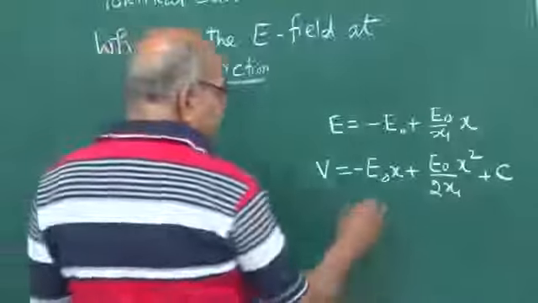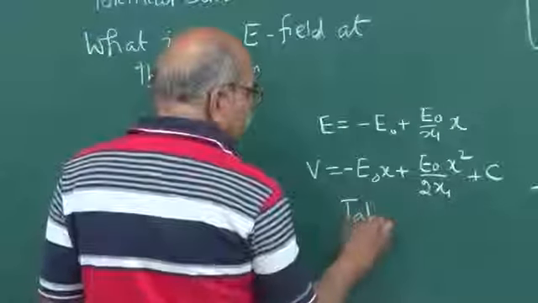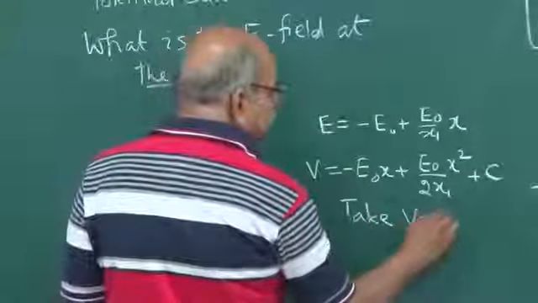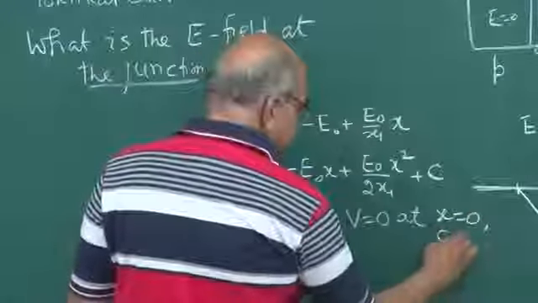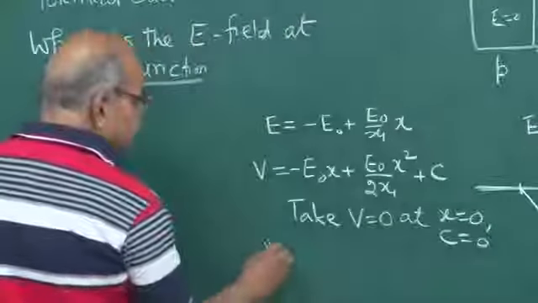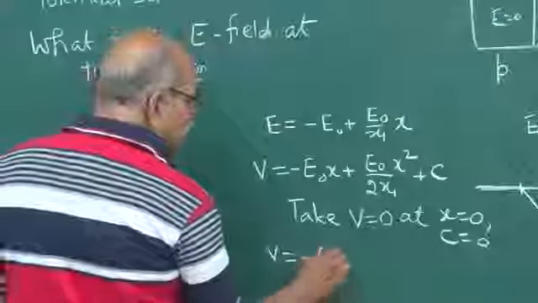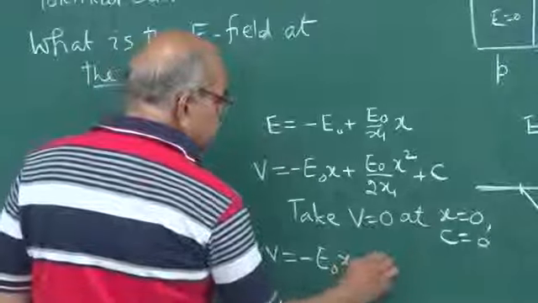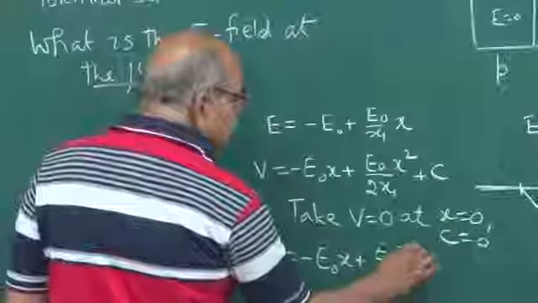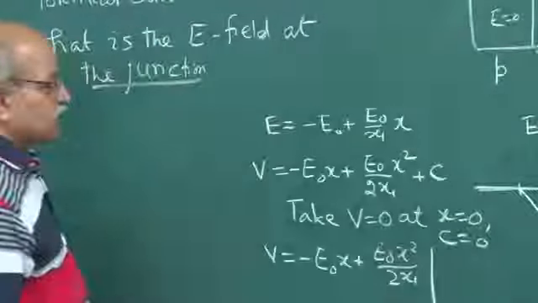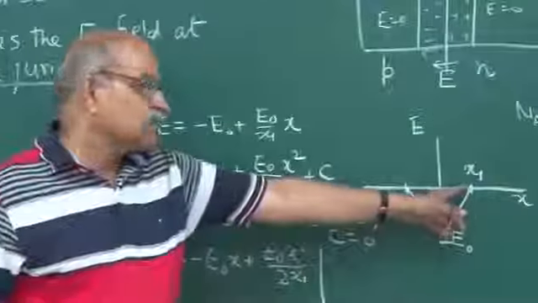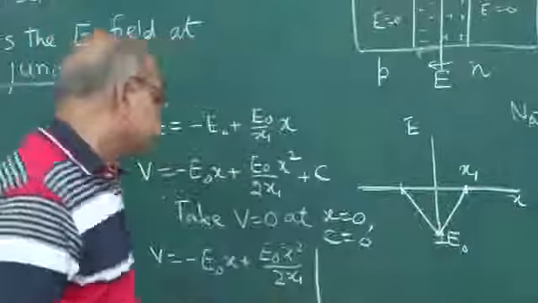And you can take V to be 0 at x equal to 0. This is our choice, and that will make C equal to 0. So V is equal to minus E naught x plus E naught x squared over 2 x1. What happens at x equal to x1 and beyond?